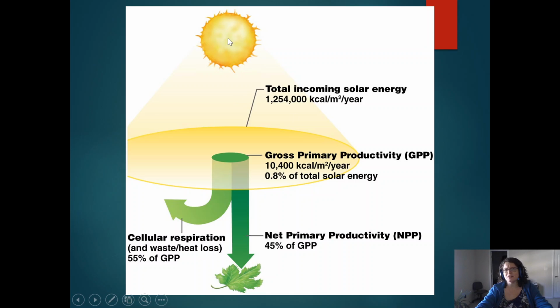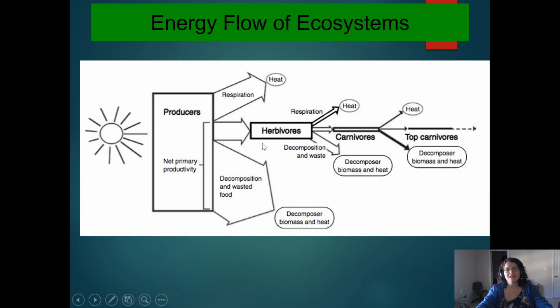You see already with just the sun and the plants absorbing the sun, half of what the plants absorb is lost to heat. This is a common theme, okay? So producers, again, they lose some respiration, and there's decomposition of wasted food. Basically, not every plant is eaten all the time, which obviously makes some sense.